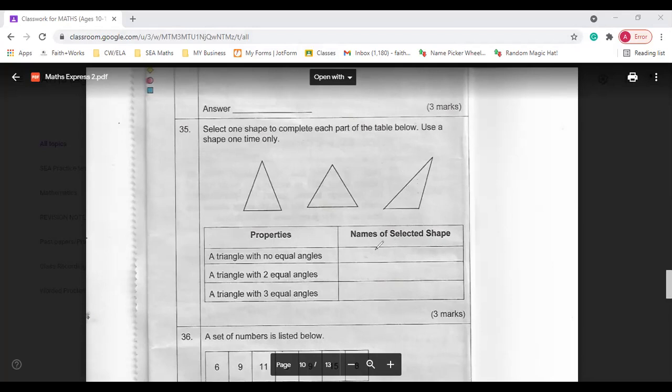Name of the selected shape. That triangle is called a scalene triangle. Right, scalene. A triangle with 2 equal sides, that's called an isosceles.